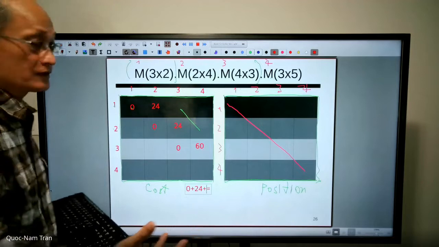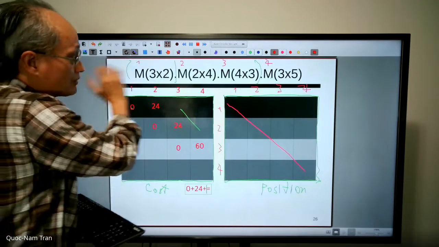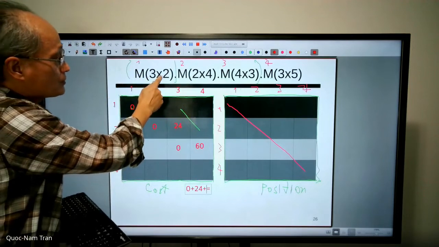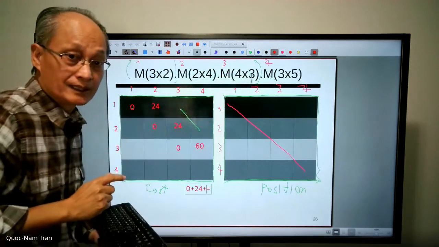So what is the cost for multiplying the left subsequence and the right subsequence? That is 3 by 2 by 3, right?